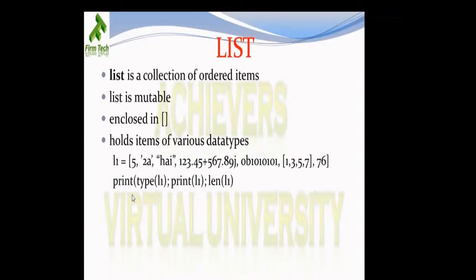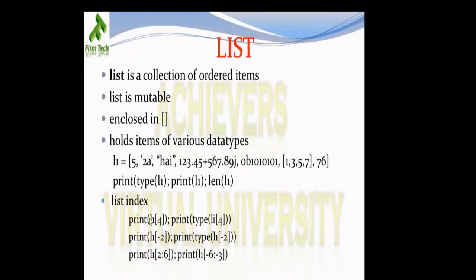Type of L1 will give you class list, and print of L1 will display all the elements inside the list. Len of L1 will give the length of this list, and in this case the length is 1 2 3 4 5 6 7, so the length will be 7.